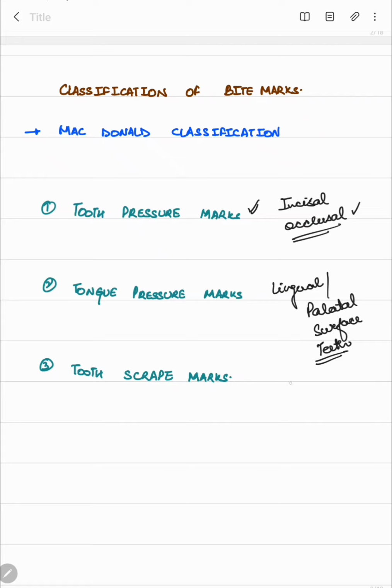So the palatal rugae will also be seen in the bite marks, right? Now the third one, tooth scrape marks. Whenever the person tries to scrape the tissue material or scratch it out, we will be able to see the tooth scrape marks across the bitten material. Also we will be able to see superficial abrasions in this case. This classification was given by Macdonald.